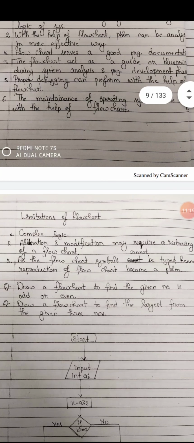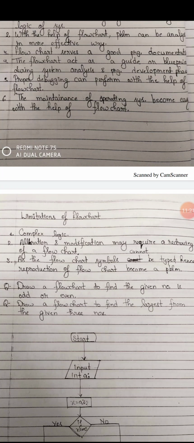Now come on to the problem: we need to draw a flow chart to find out whether the given number is odd or not.